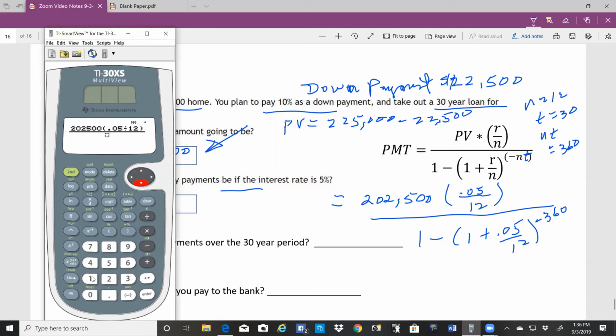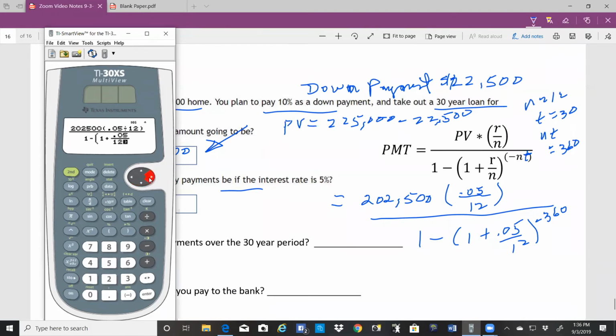And then the denominator is going to be 1 minus 1 plus, I'm going to invoke the fraction here. Remember to go down and put the denominator in. That's 12.